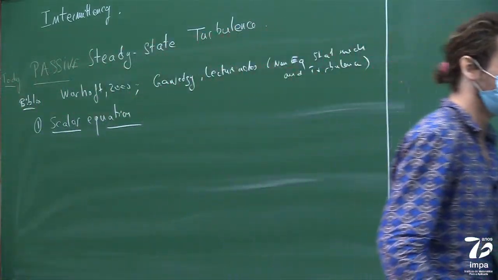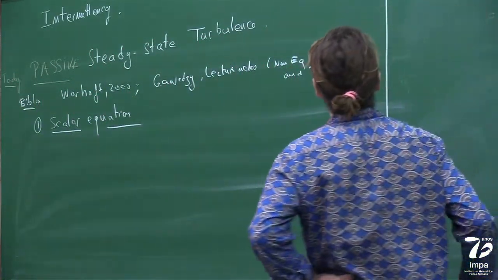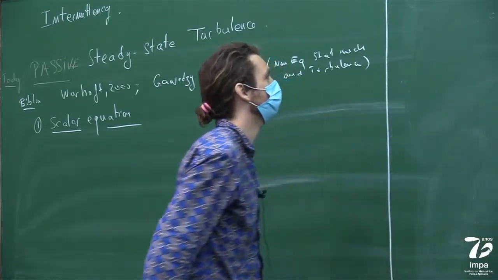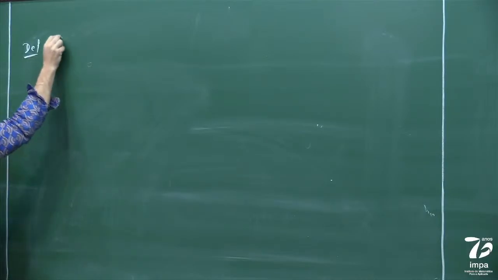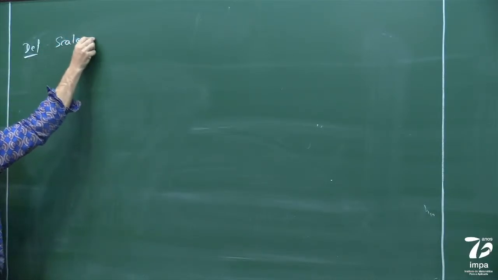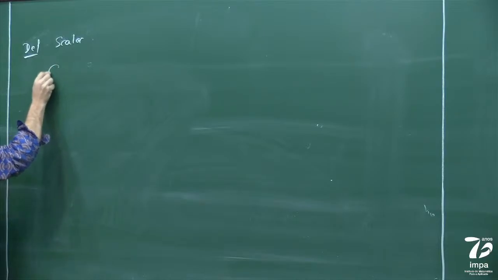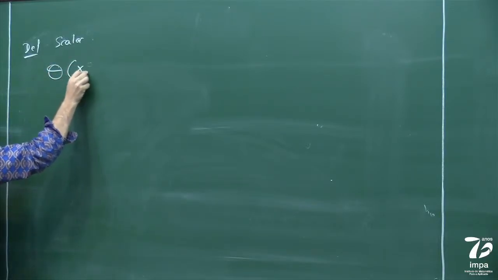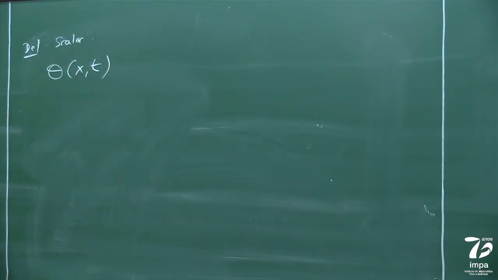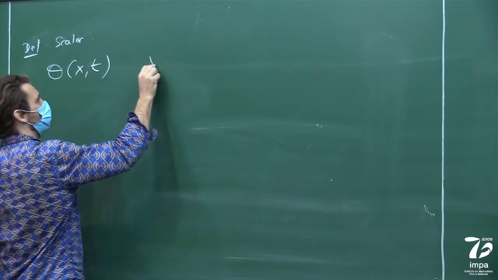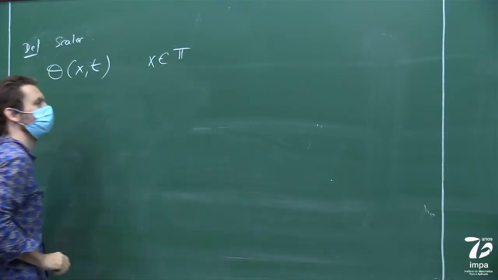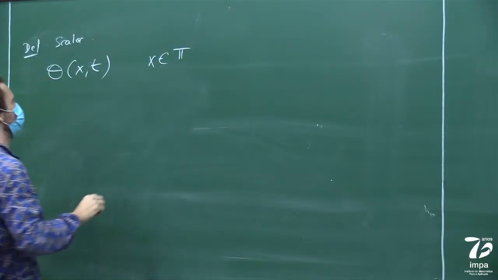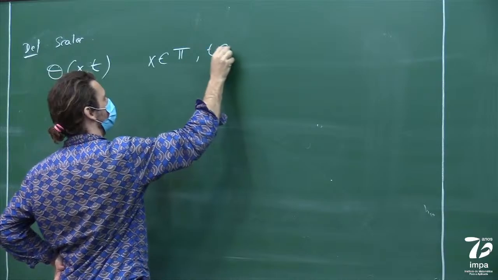So, a scalar, what is a scalar? Suppose a scalar equation, so a scalar is a scalar field, theta of x, t, where x we are going to take in a torus without loss of generality, and t is in a given interval.